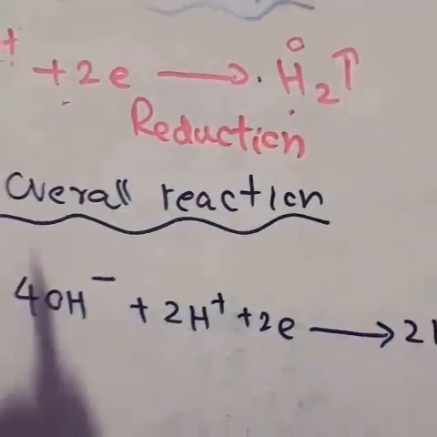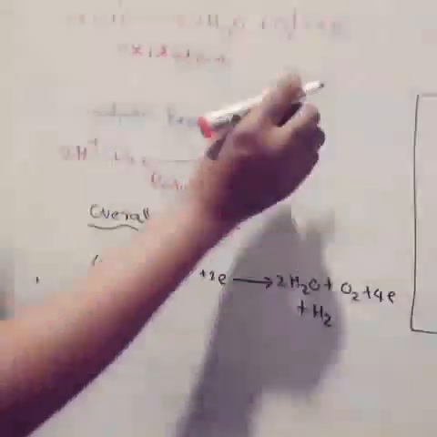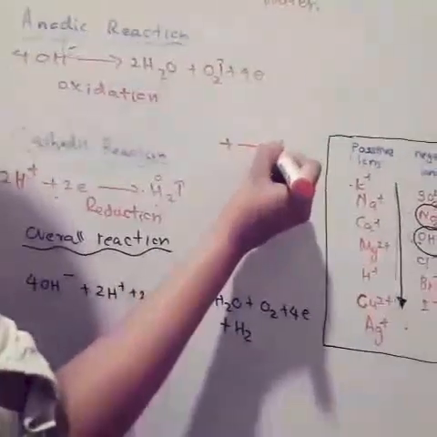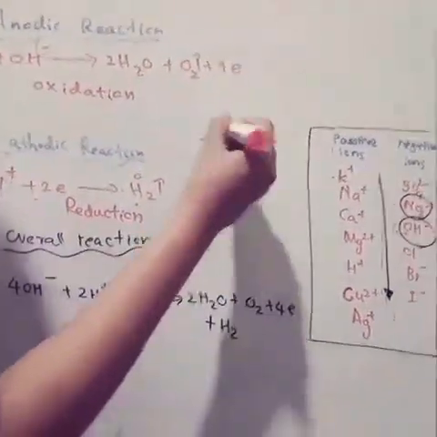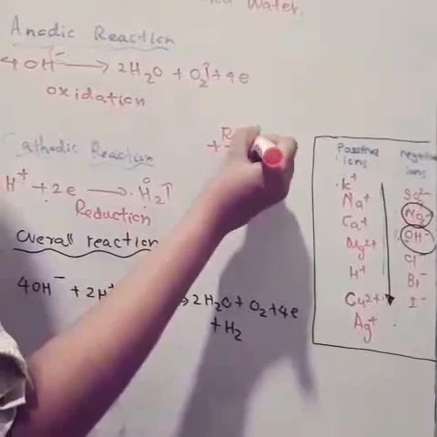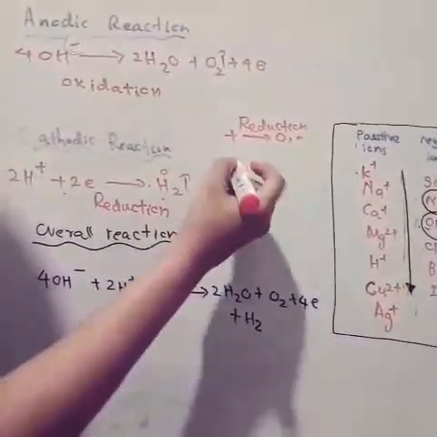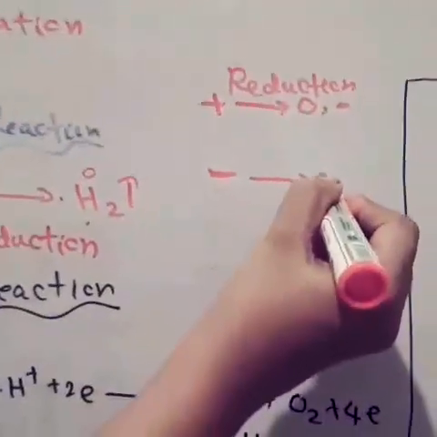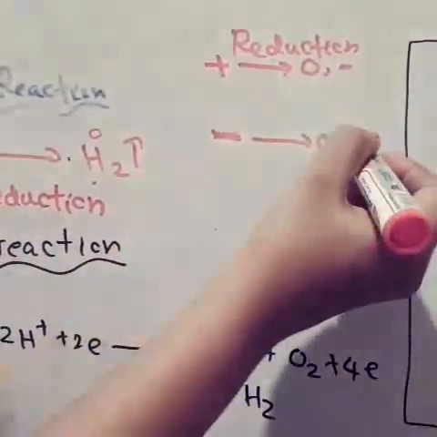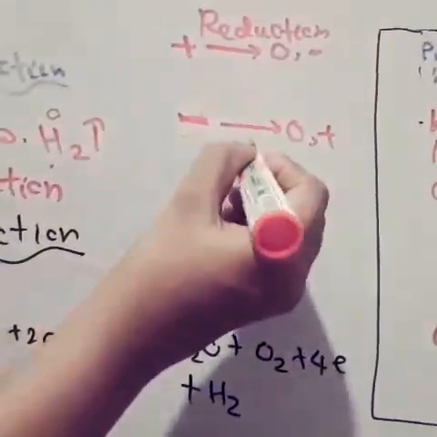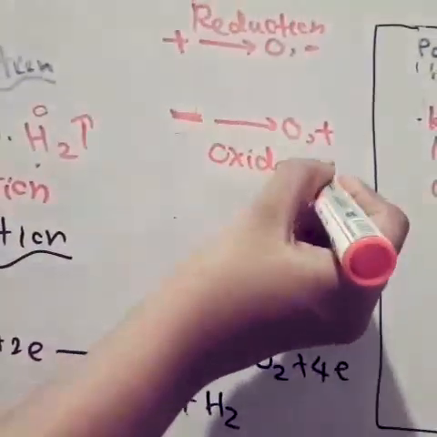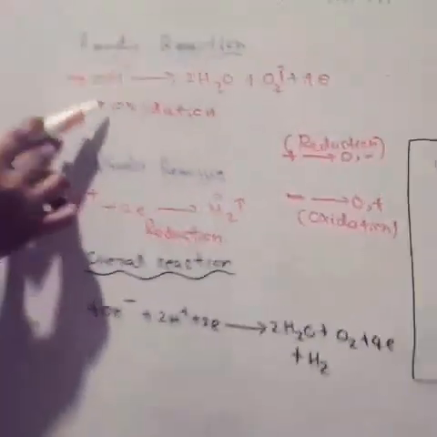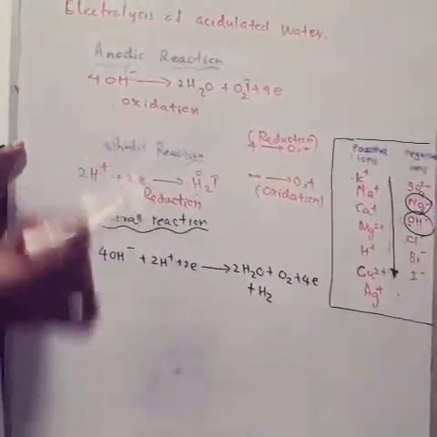If something starts with positive and goes to 0 or negative, we call it a reduction reaction. And if we start with a negative thing and go to 0 or positive, it's an oxidation. That's how we do the classification here. This is an oxidative reaction, this is a reduction reaction.